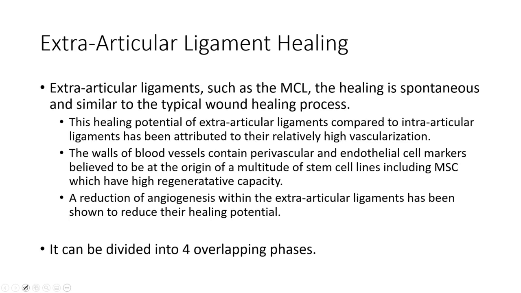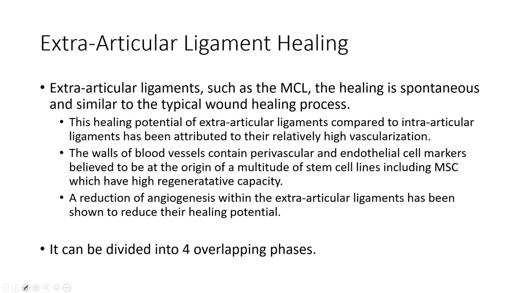They have good blood flow, and the walls of blood vessels contain perivascular and endothelial cells, which may be the origin of a multitude of those MSCs we talked about earlier, those multipotent stem cells, which have a high regenerative capacity. That's why I might see someone with an MCL injury able to rehabilitate without surgery.